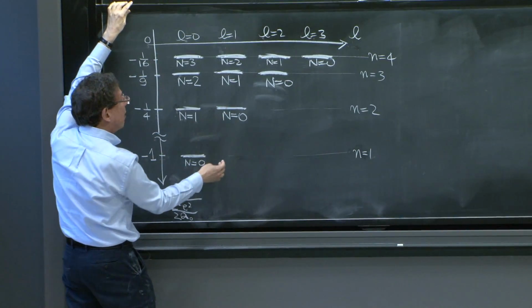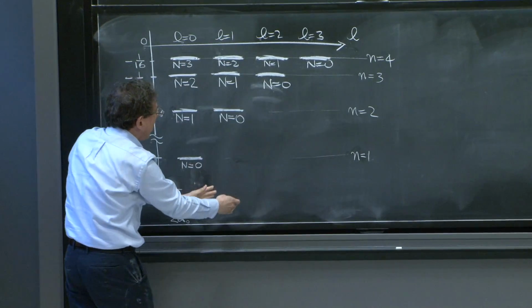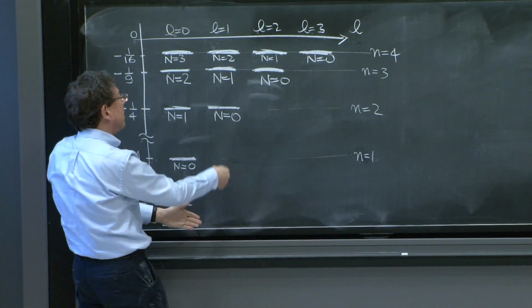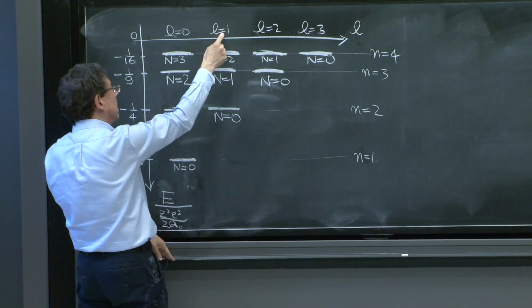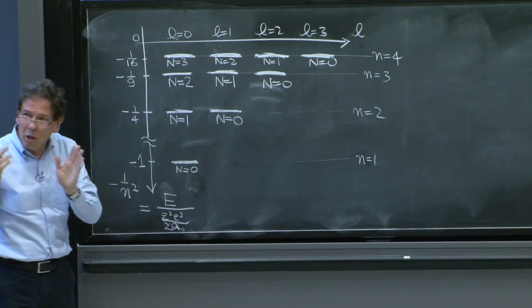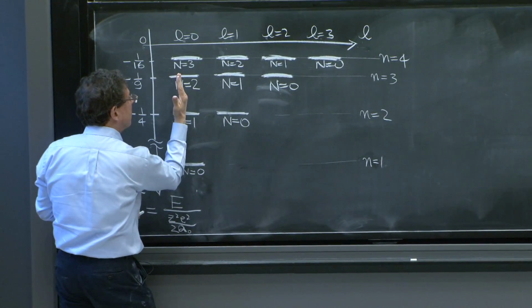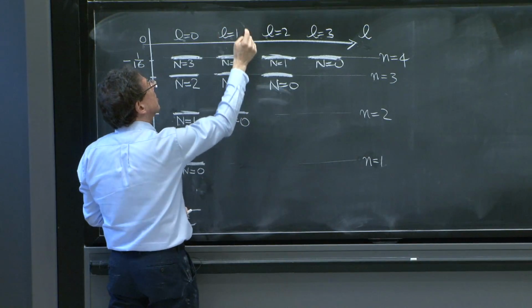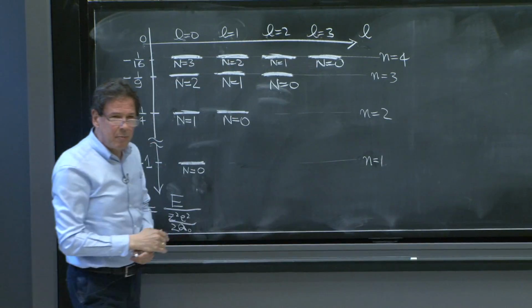No nodes for the... This is a different problem. This is an L equals 1. It's again a new potential. So you solve the radial equation again. And yes, the ground state, when L is equal to 1, must have no nodes. So you should remember, you're solving the radial equation once here for one potential, here for another potential, because the effective potential depends on L, here for another potential, there for another potential.